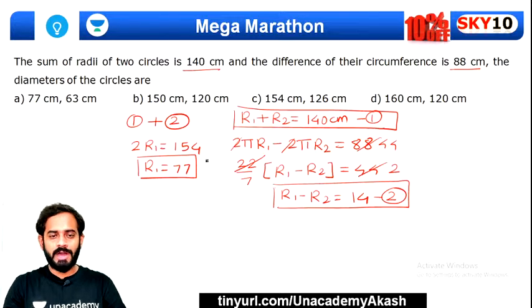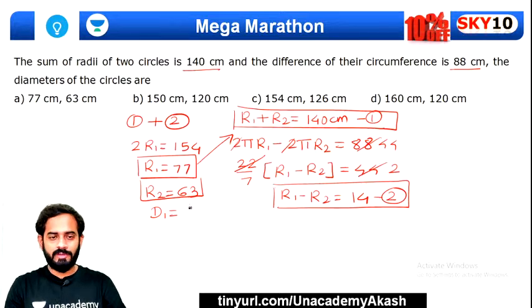Once you got the value of R1, you can simply put the value of R1 in equation 1 or equation 2. You will get the value of R2. That is value of R2 comes out to be what? 63. Okay. Now once you got the value of R2, now D1 will be, R1 and R2 you got.